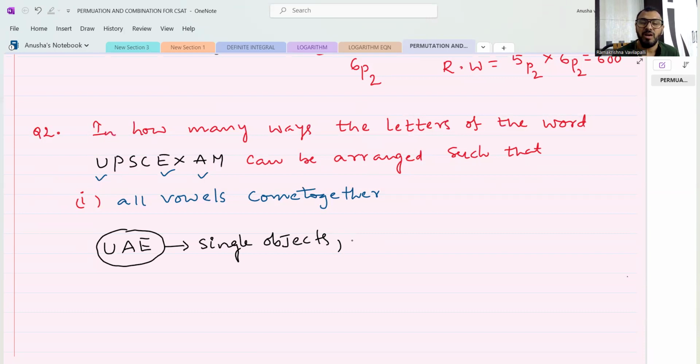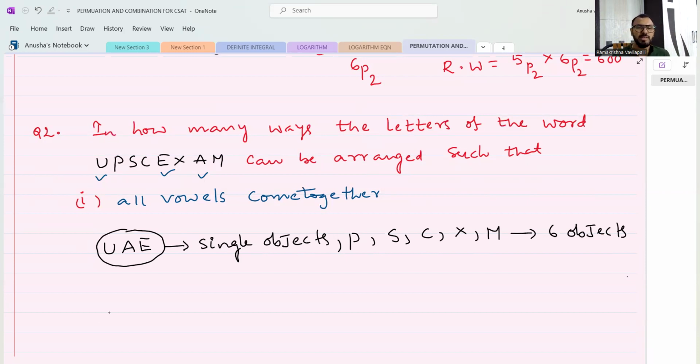And what are the remaining objects? The remaining objects are P, S, C, X, and M. So now we have totally six objects. If we consider that UAE is packed up, it is one box.